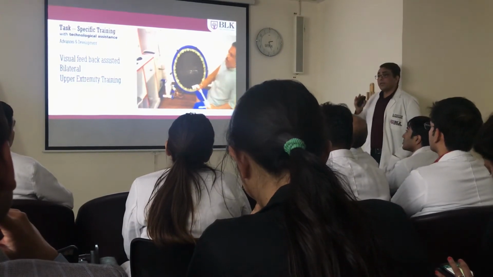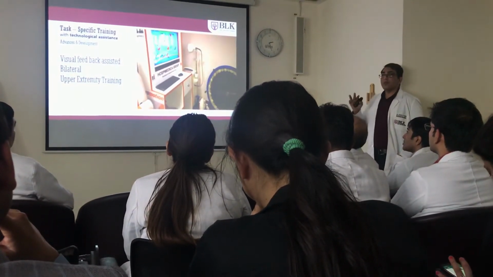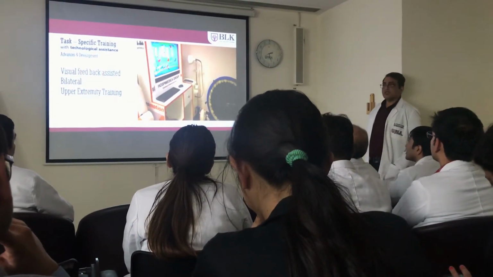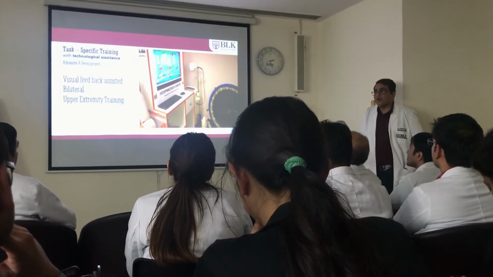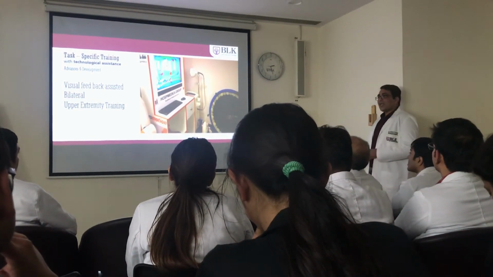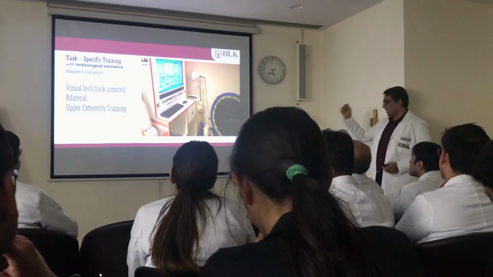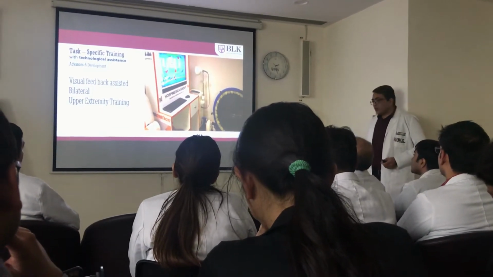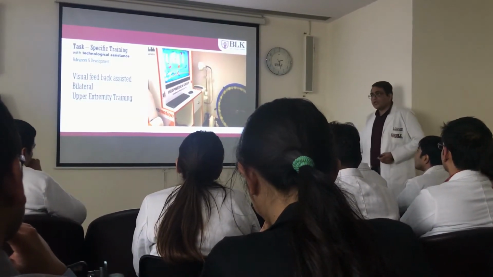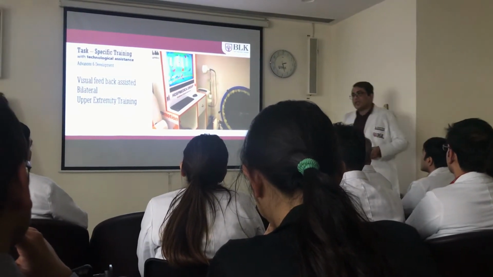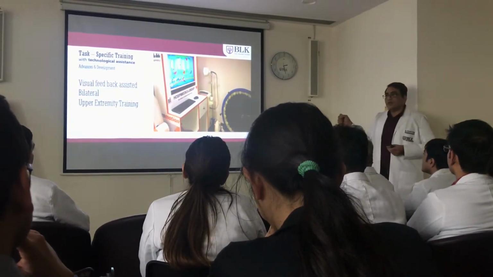Remember that the brain understands the task, not the movement. The brain doesn't understand flexion, extension, abduction, adduction, or external rotation. It understands the task. If I am going to pick up something from a table, I will reach, I'll hold it. If I have pain, if I have restriction in the biceps, I will take a stance and go and pick that up to complete the task.